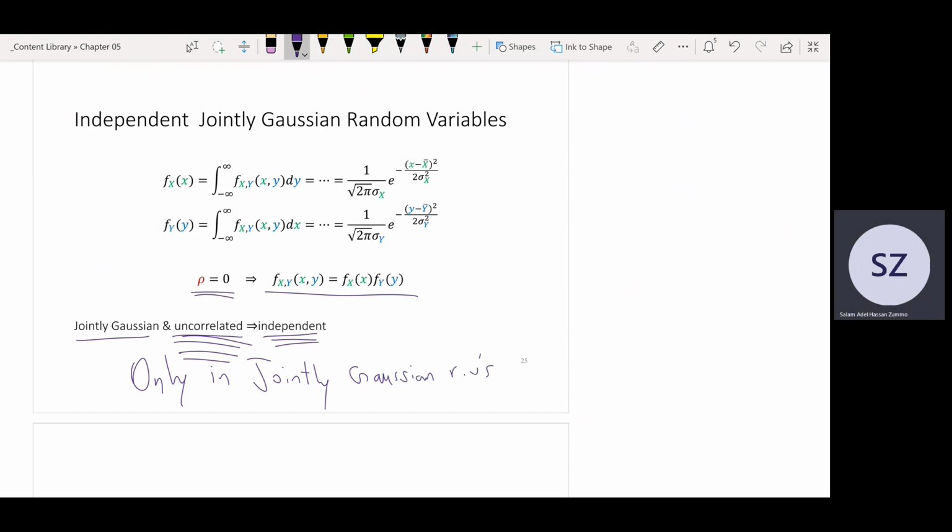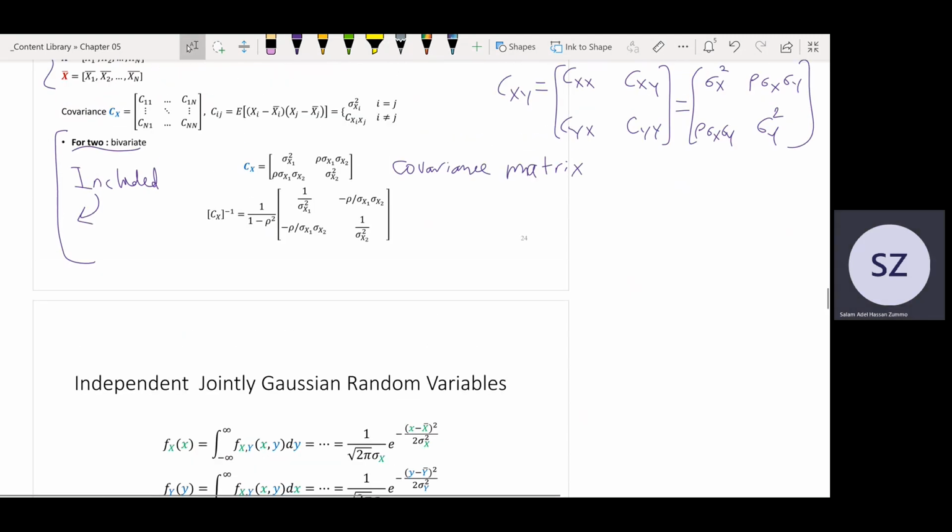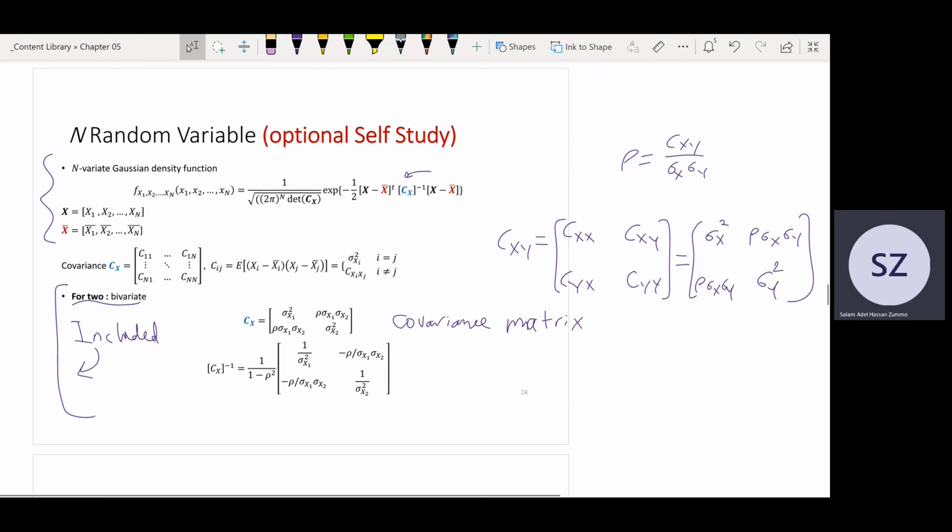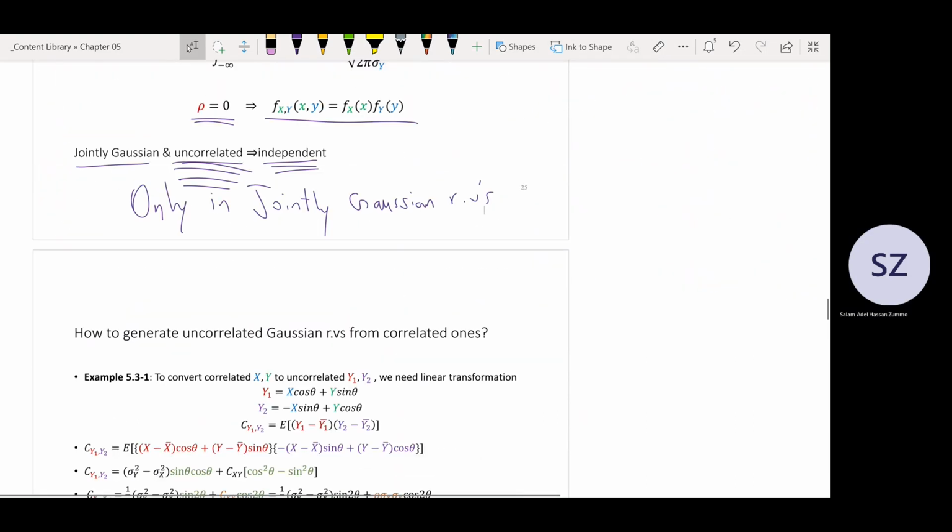This is very powerful. We always say that with correlation we don't know anything about the PDF, whereas with jointly Gaussian we know everything. Basically, if you want to know the PDF of n jointly Gaussian random variables, you only need the mean vector and the covariance. That's all you need; there's nothing else you need.